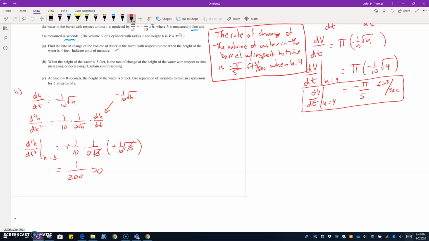So we're going to say the rate of change of the height of water with respect to time is increasing when h equals 3.